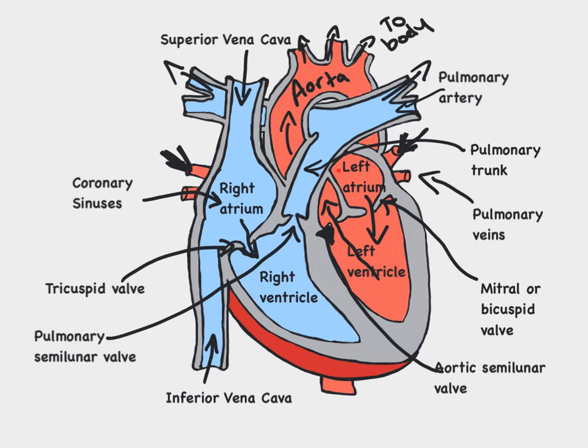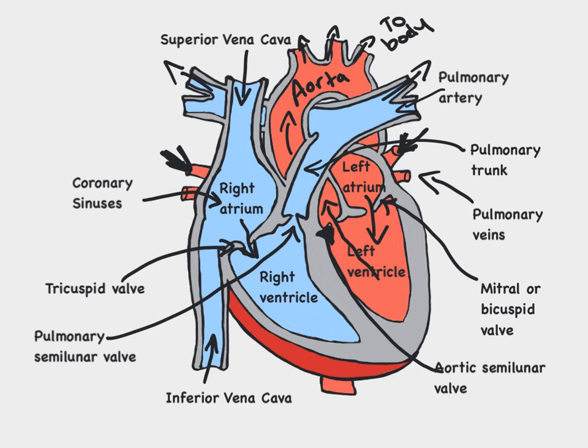The pulmonary veins are going to put the blood into the left atrium, and then it's going to pass through the mitral or bicuspid valve into the left ventricle. From the left ventricle, it's going to then pass through the aortic semilunar valve and into the aorta, where blood gets pumped through the rest of the body. Now you know how blood flows through the heart into the rest of the body.